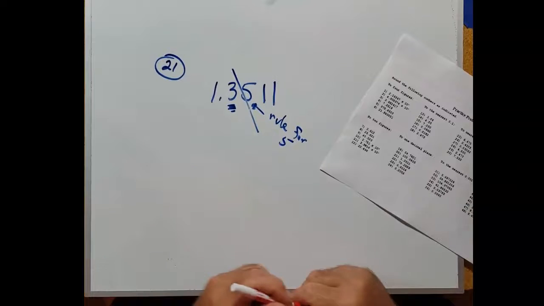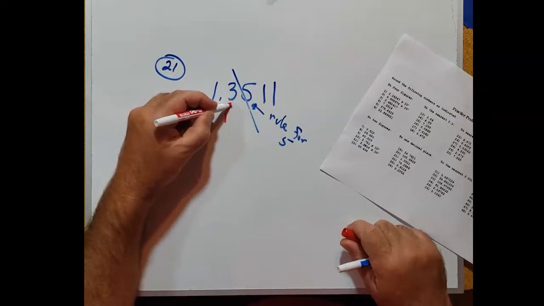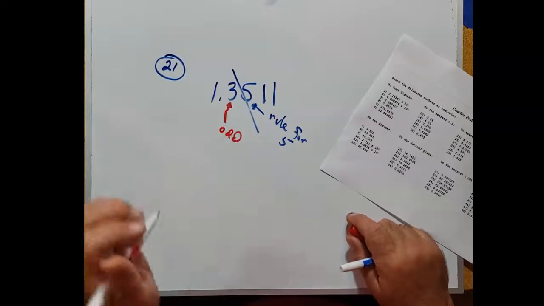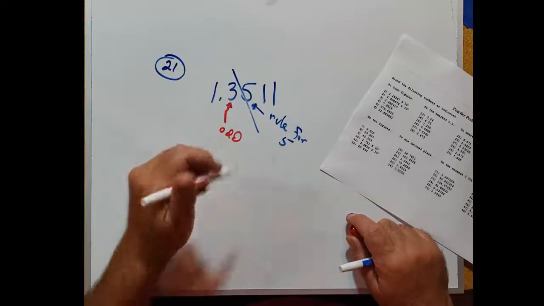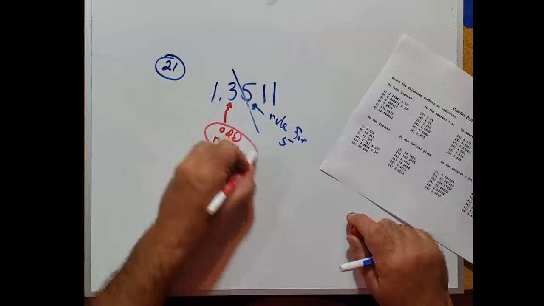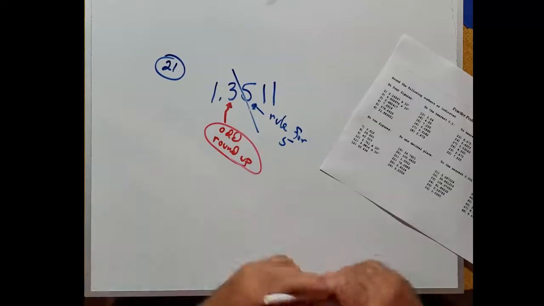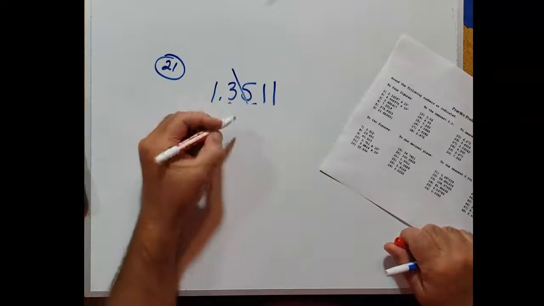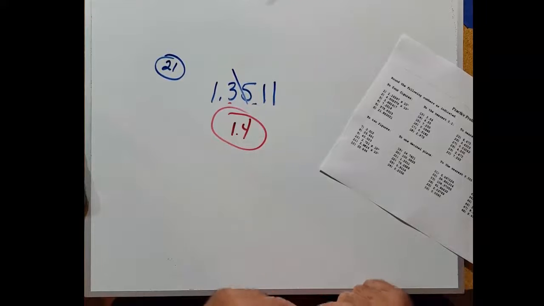The rule for 5 says look back at the digit in front and observe whether it's odd or even. In this case, it's odd. What's the rule for 5 when the number in front is odd? You round up. So the 1.3 becomes a 1.4, which is the correct answer for number 21.